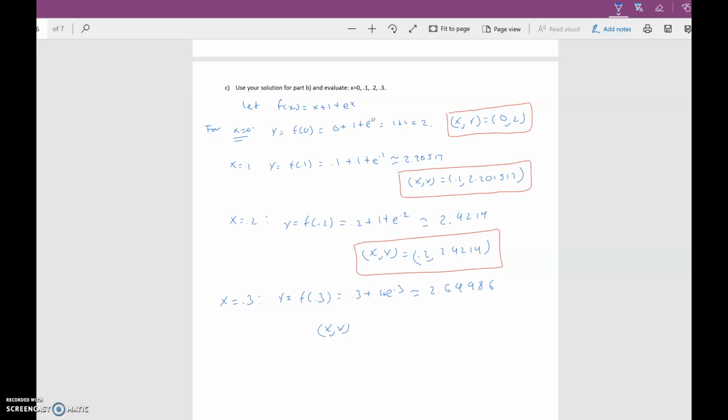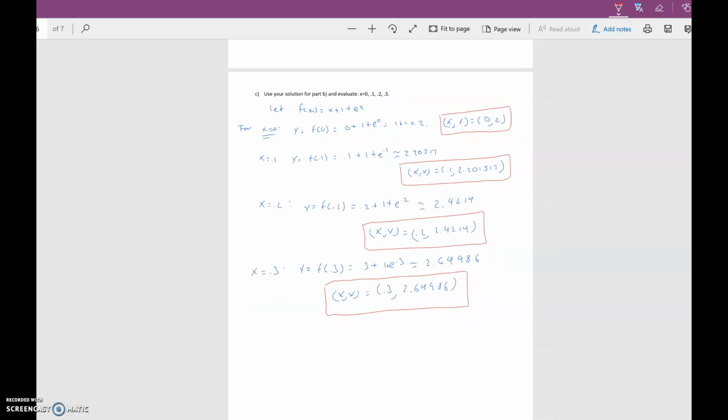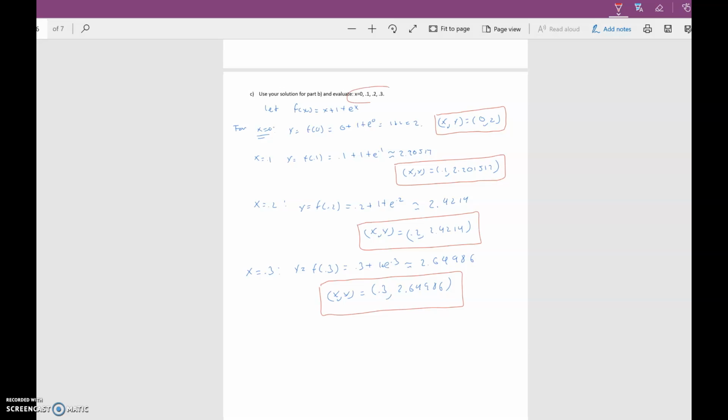So as a coordinate point, this is (0.3, 2.64986).